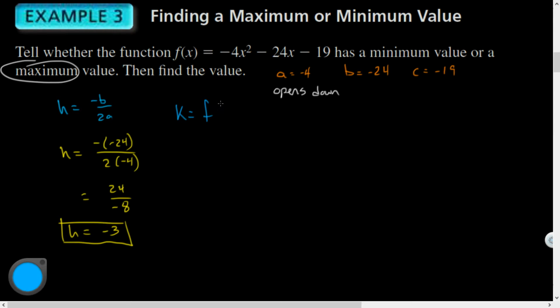And k is going to be whatever I get when I plug that h into the function, right? So I'll do f of negative 3, which equals negative 4 times negative 3 all squared, minus 24 times negative 3, minus 19.